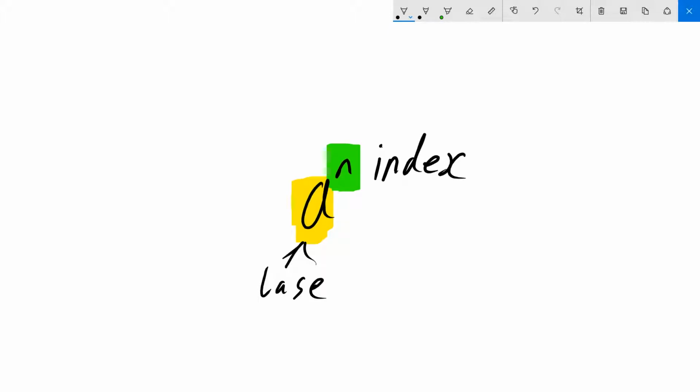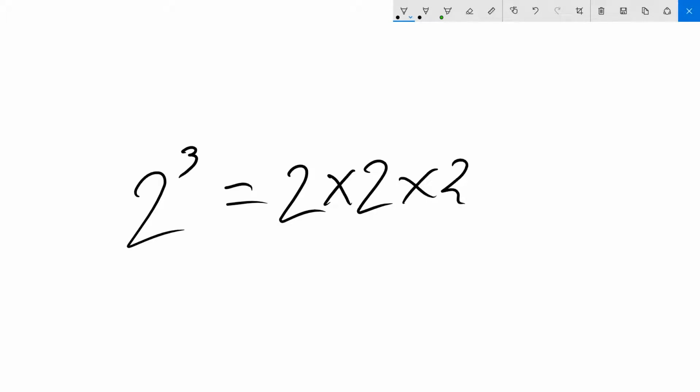Okay, so what does that mean? It means that we're timesing our base by n amount of times. So a quick and easy example is 2 to the 3. We're timesing 2 three times.